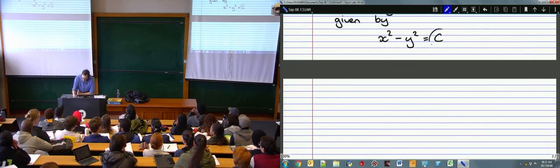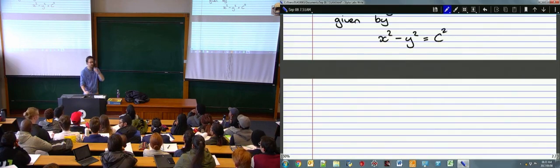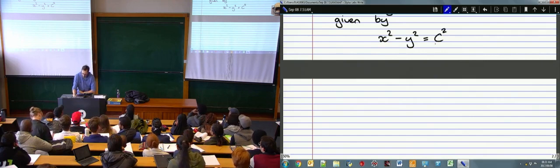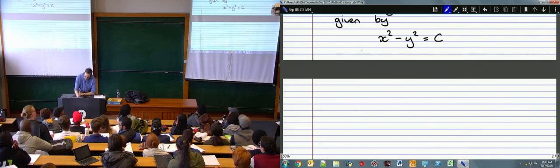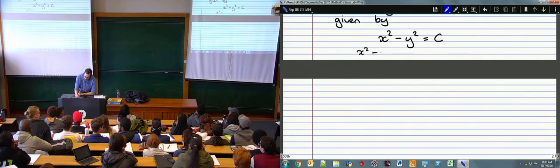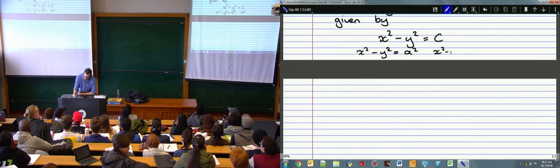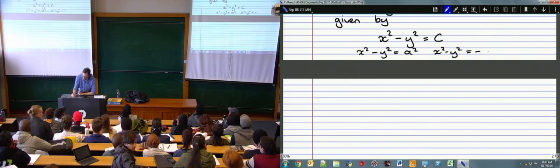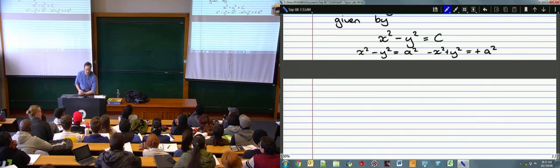So if you just write it like this, c might be positive or negative. If you write it like that, c squared must be positive. So if it's positive or negative, you can really think about this as being x squared minus y squared is equal to a squared, or x squared minus y squared is equal to minus a squared. And this, of course, means that you can change your signs.